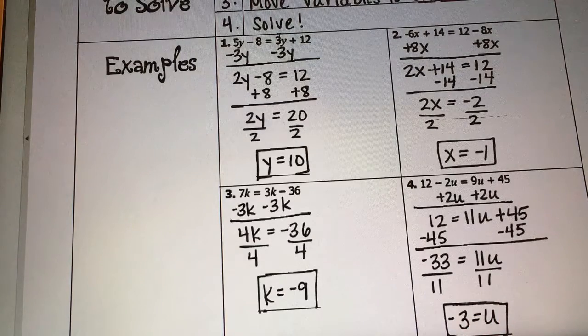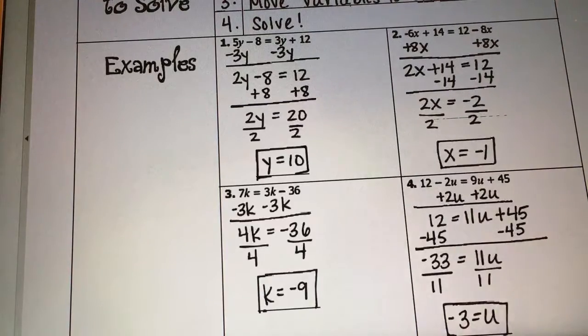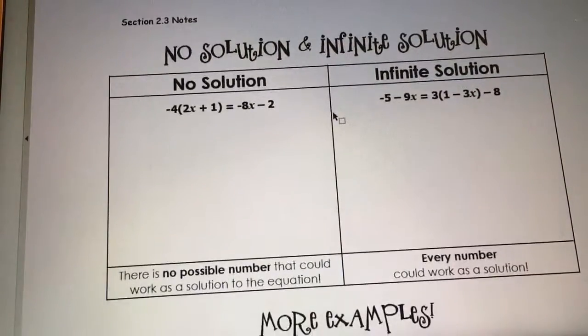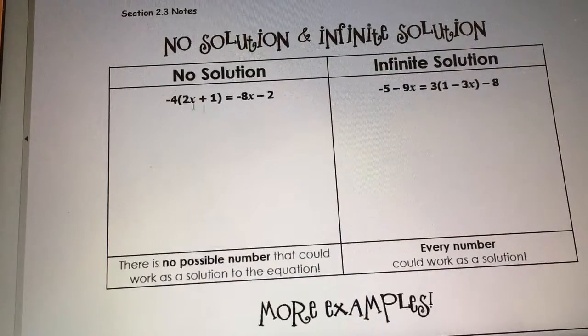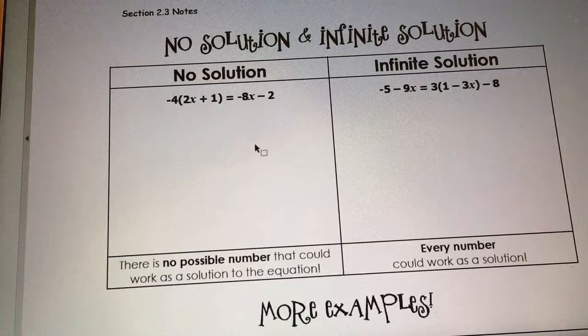So any one of those is a normal outcome when we solve an equation. But there are some times where we won't get something like that. Let's see what happens when we solve this one right here. So what I'm going to do, I'm going to copy this over and we'll solve it together.